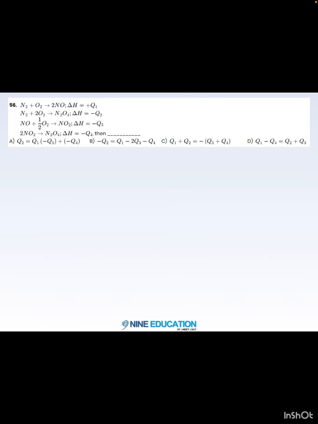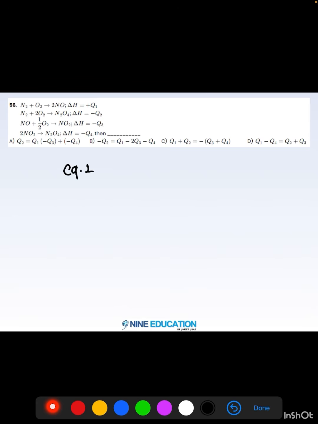So I am able to see that equation 2 can be simply written as equation 1, and then you'll have to multiply equation 3 by 2, and then you just simply add equation 4 in this, right? And how am I able to say that? Because ultimately, in equation 2 we are having N2 plus 2O2 on the reactant side and N2O4 on the product side.